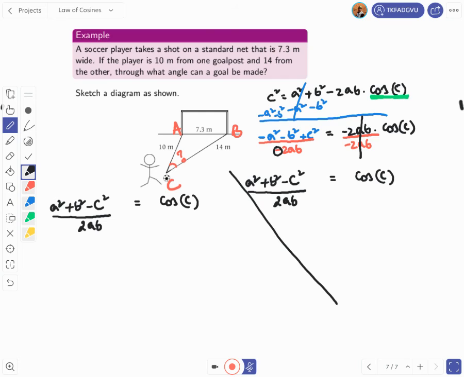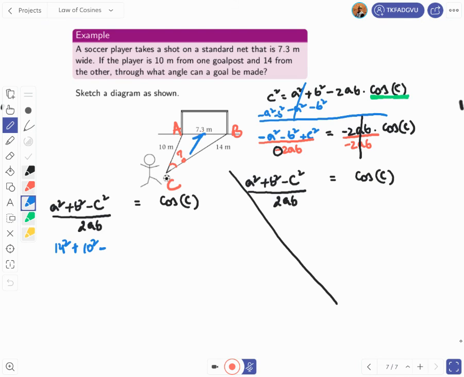Now just plug in these values. What is the value of A? That is 14, so 14 square. What is the value of B? You can see that it is 10, right? So 10 square minus, what is the value of C?